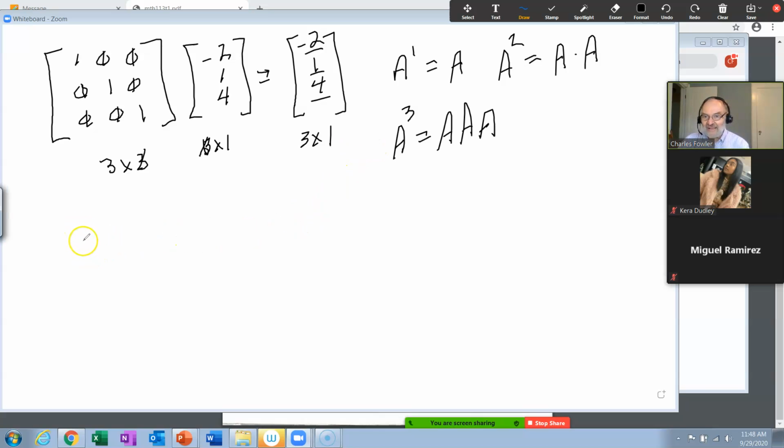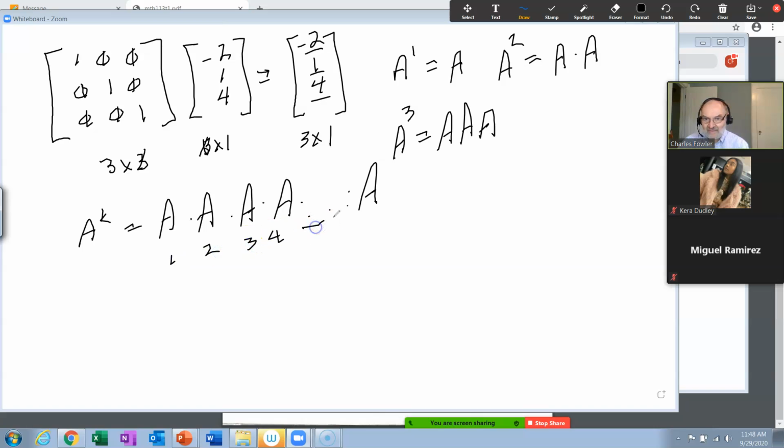So A to the K would mean that you multiply A by itself K times. 1 time, 2 times, 3 times, 4 times, dot, dot, dot, up to K times. Okay? That would be A to K. You have K factors of A.